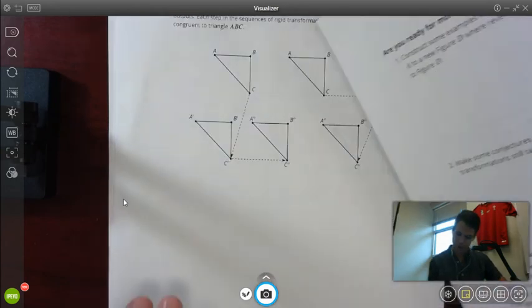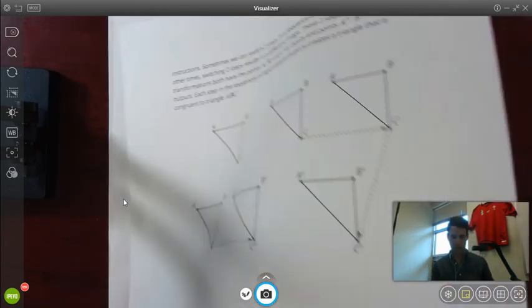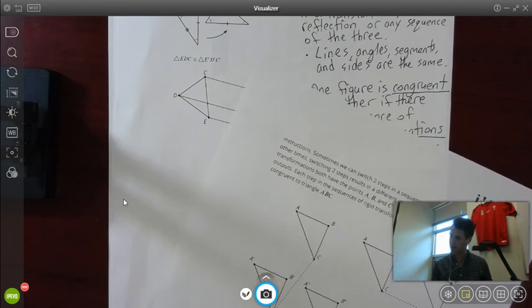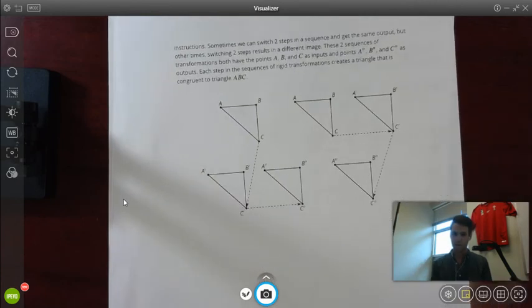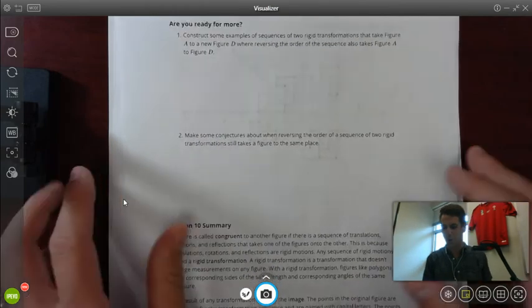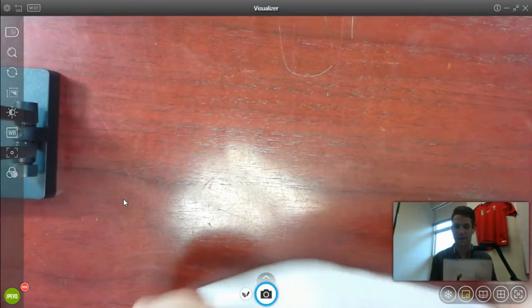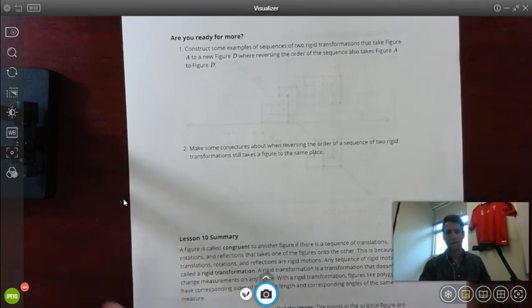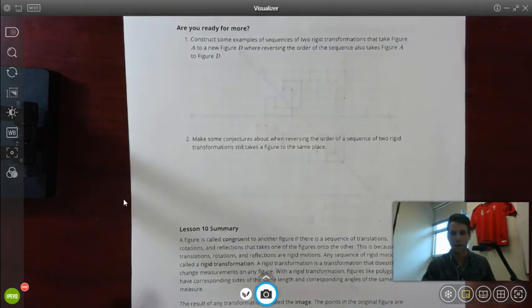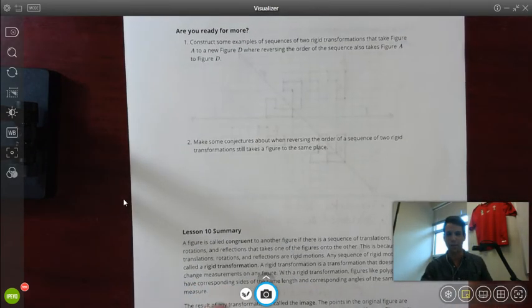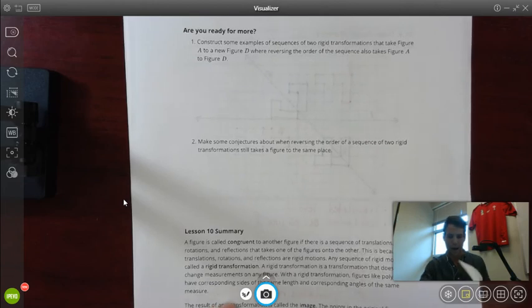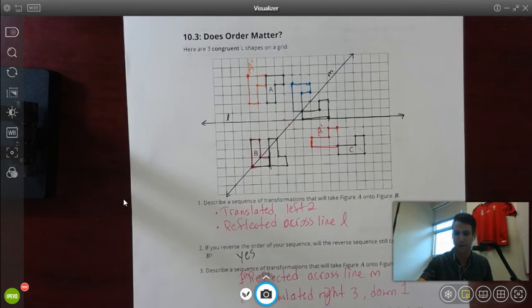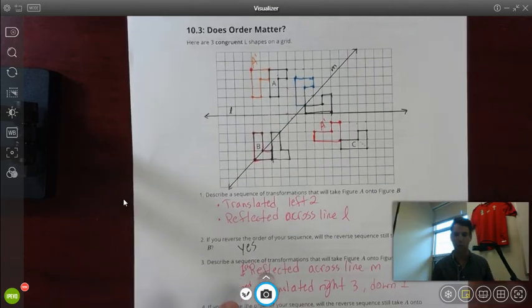So that finishes off what we are working towards here. But before we end with synthesizing what we've learned today, is that if we wanted to think about how we could take A to a new figure, D, without having to change anything. So if I wanted to move A to a figure and have it not matter what it would be.